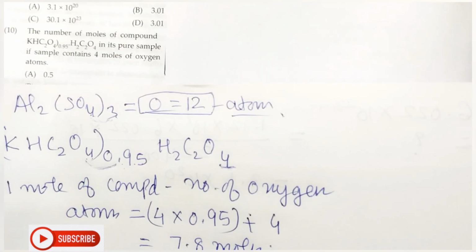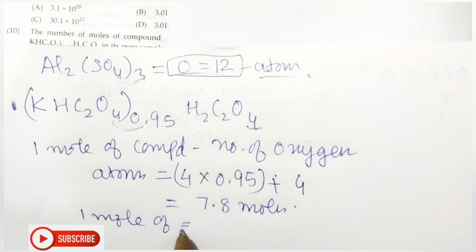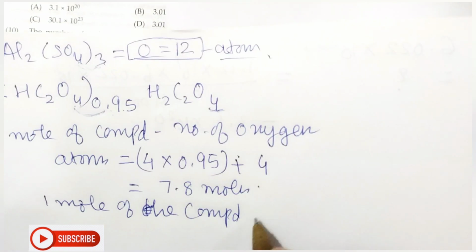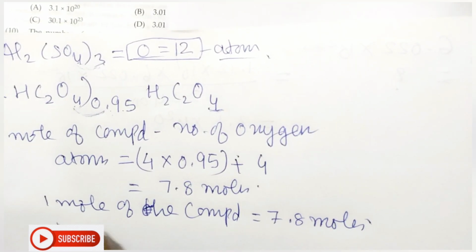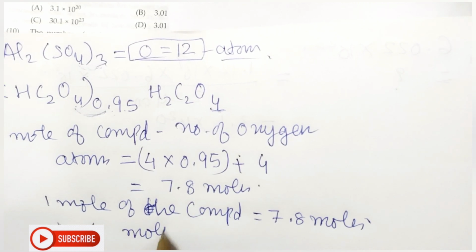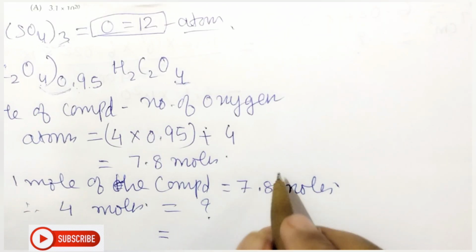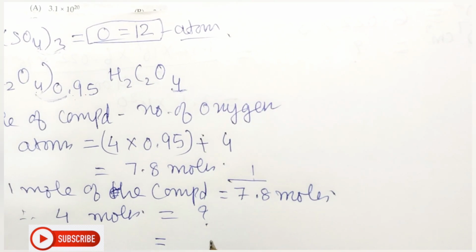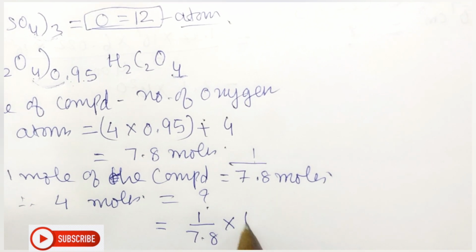Right students? Now, for 1 mole of the given compound, how many moles of oxygen do you have? 7.8 moles of oxygen. Therefore, for 4 moles, how much will it be? For 1 mole it will be 7.8, so for 4 it will be 7.8 multiplied by 4.